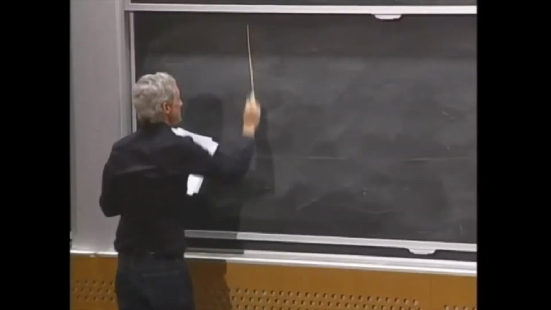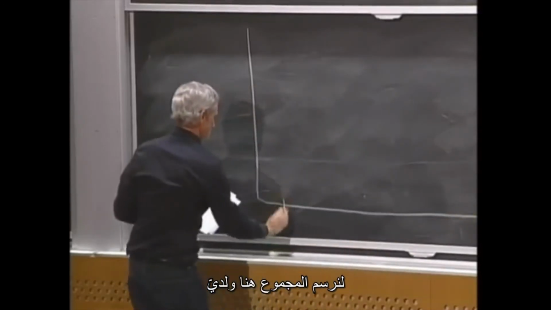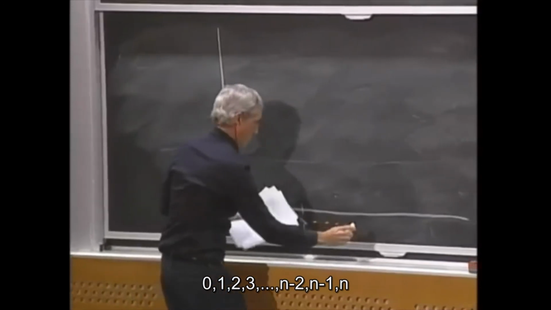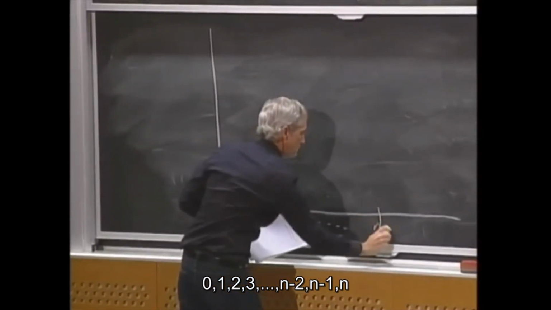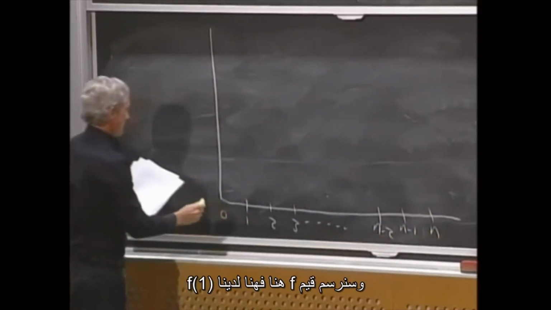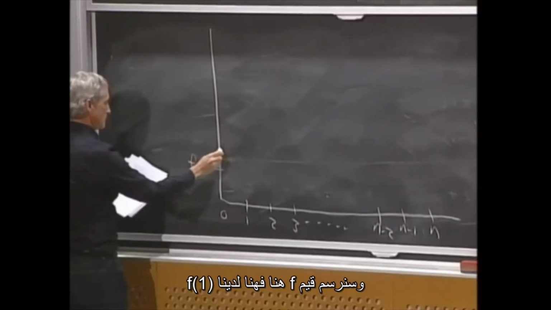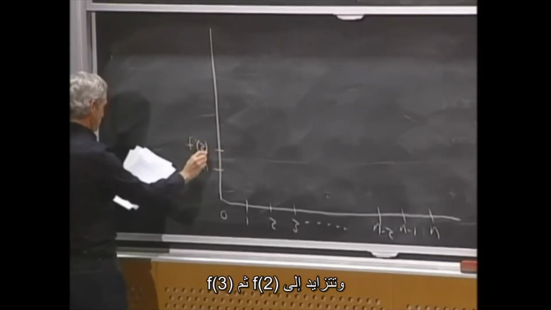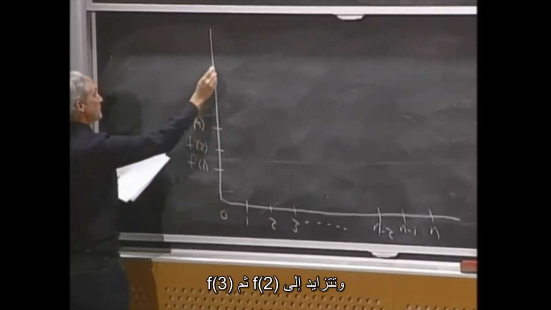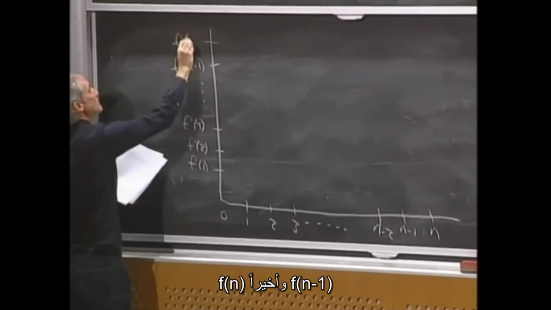So let's draw the sum here as follows. I've got 0, 1, 2, 3, n minus 2, n minus 1, n. And draw the values of f here. Here's f of 1, f of 2, it's increasing, f of 3, f of n minus 1, and f of n.